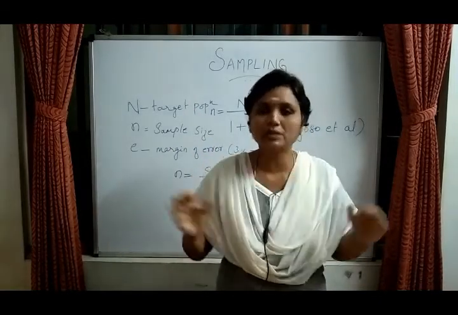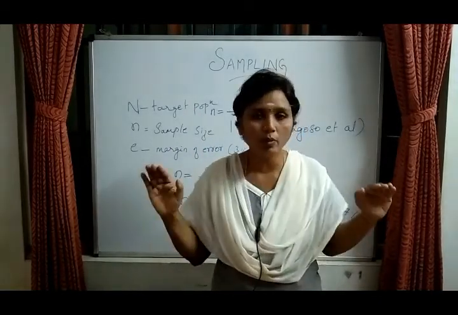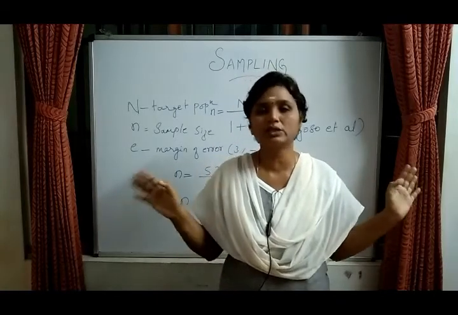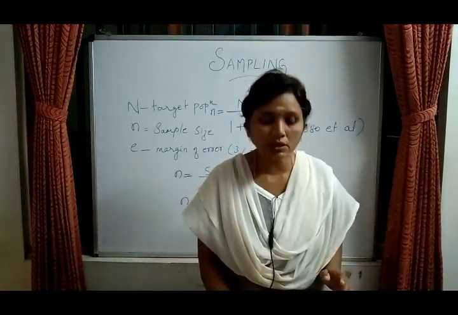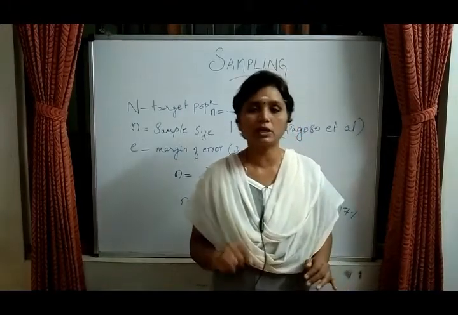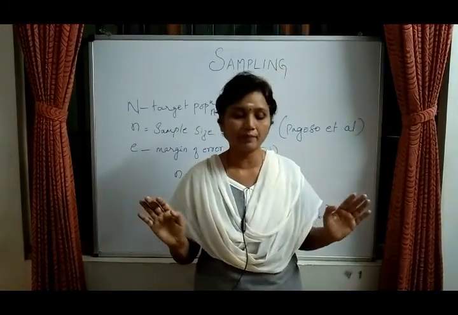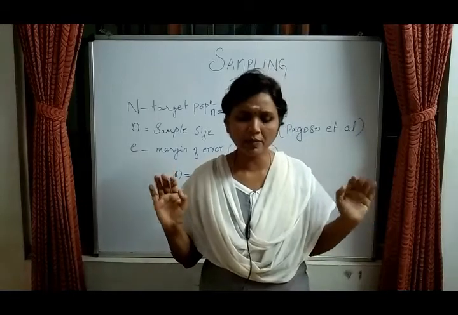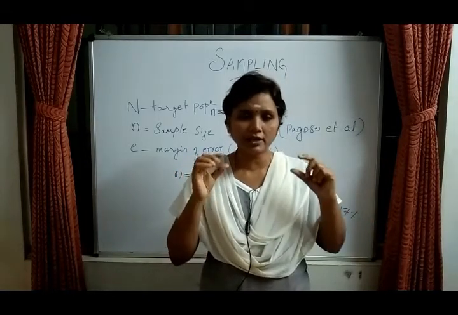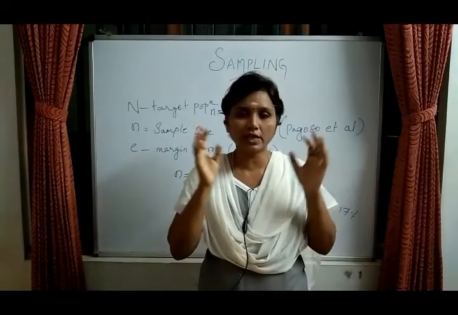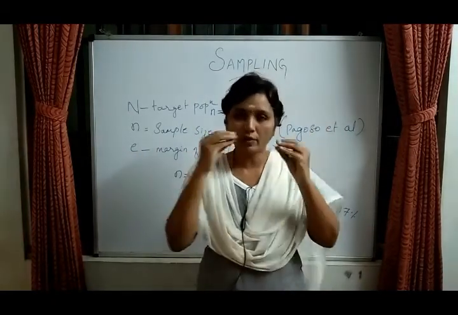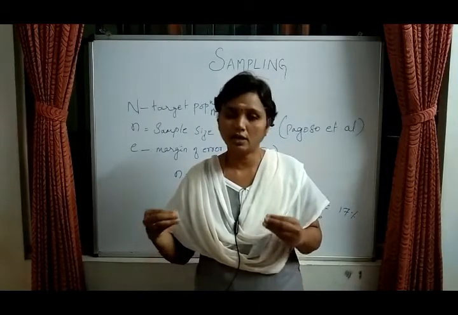That is, equal chances are given to all the persons. That is called probability sampling. In this probability sampling, the first one is simple random sampling. From the word itself we can understand that we are collecting randomly. We get the list, and from that we get the samples.